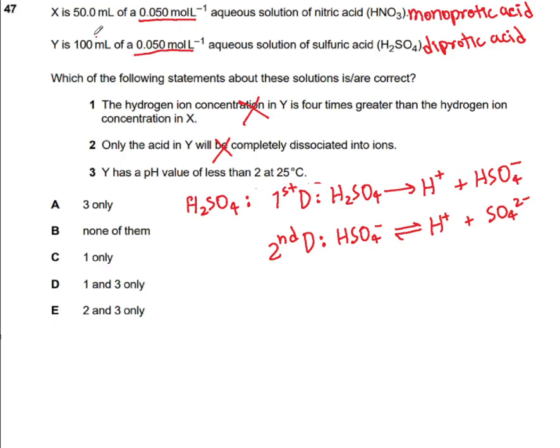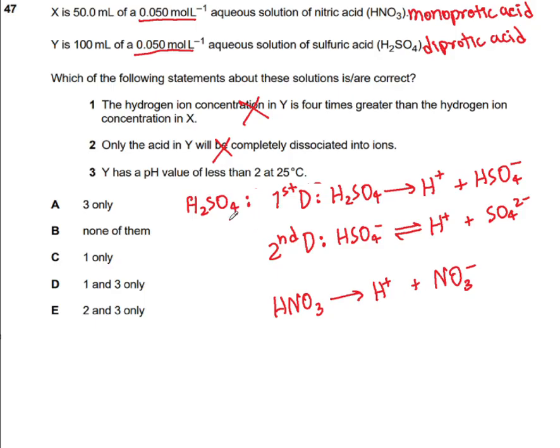But for X, which is the nitric acid, it would be true because it completely dissociates into ions, like this: HNO3 completely dissociates into H plus and NO3 minus. Because why? It's a monoprotic acid, so it directly gives out 1 H plus and NO3 minus, meaning it completely dissociates into ions.